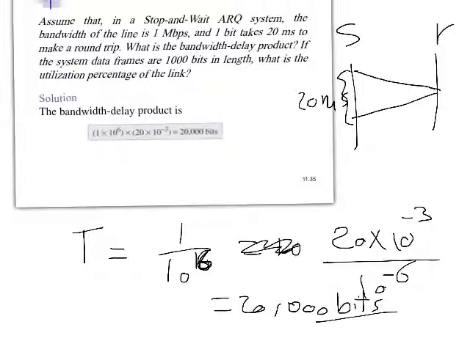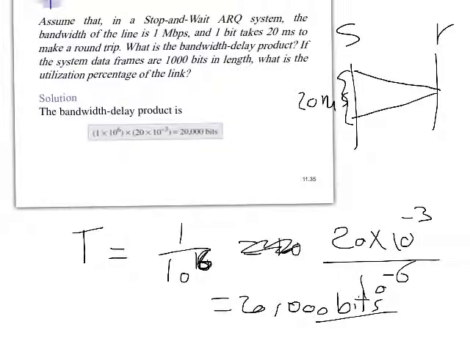But the actual fact is that the stop and wait ARQ sends only 1 frame and waits for the acknowledgement.